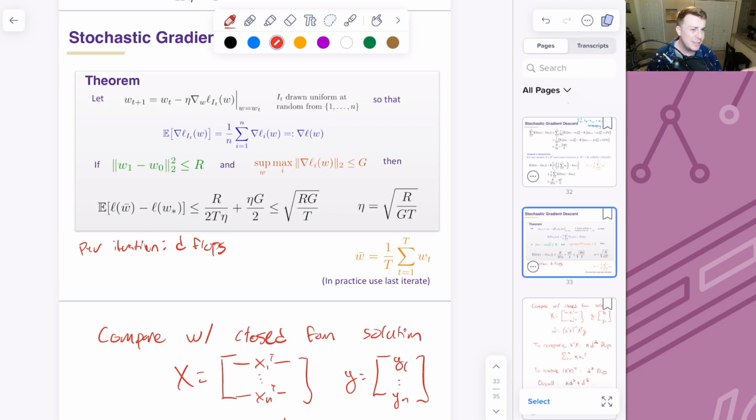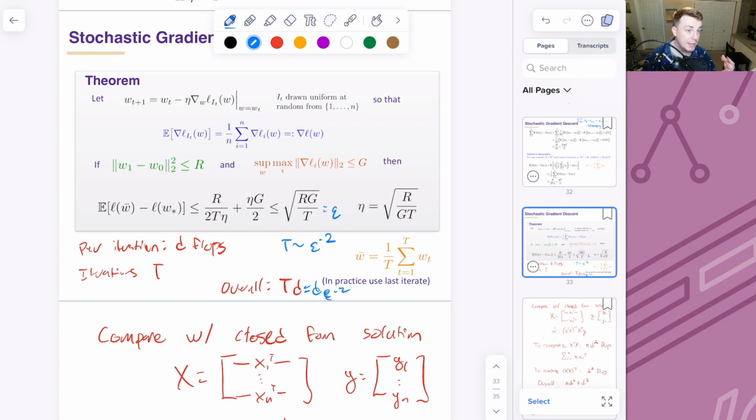So it's about D flops per turn. And how many turns do we want? Well, iterations is just T operations. So that means overall, you're doing T times D flops to run gradient descent. And as a reminder, earlier I said you can set this equal to some epsilon so that your T has to be on the order of epsilon to the negative 2. So this would be equal to D times epsilon to the negative 2.